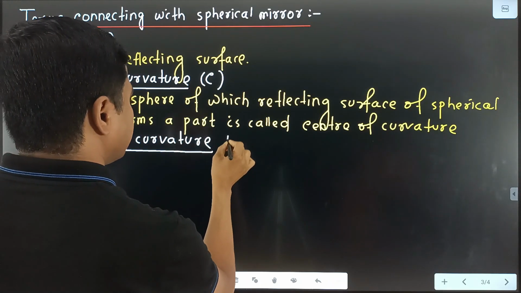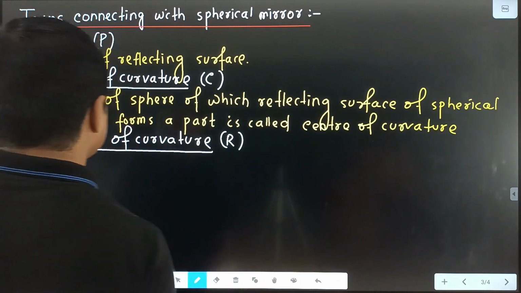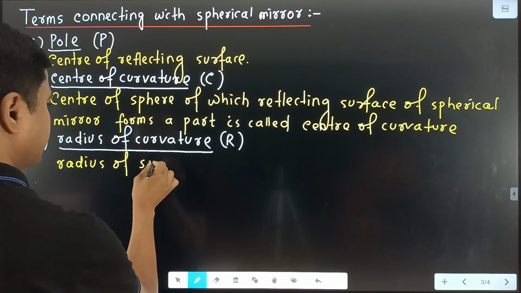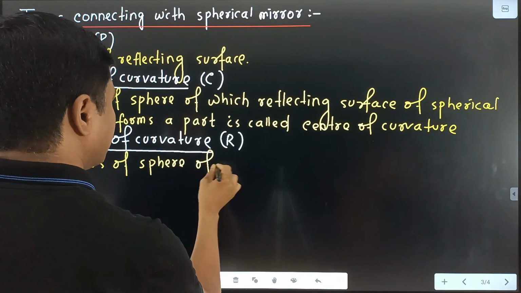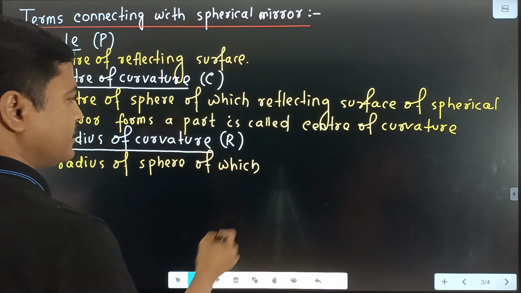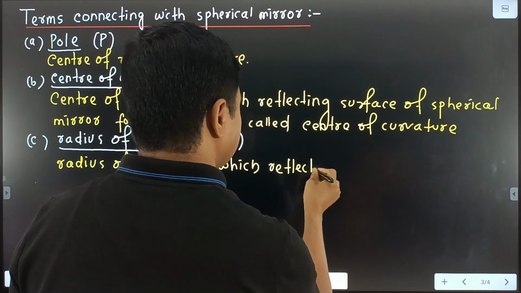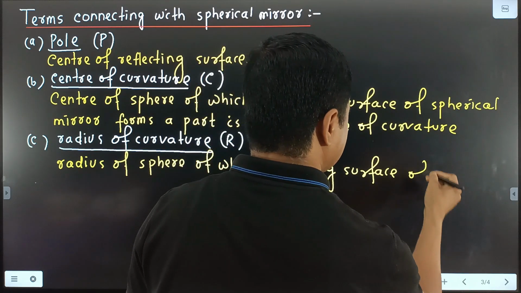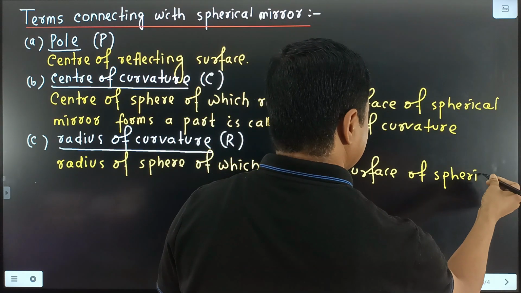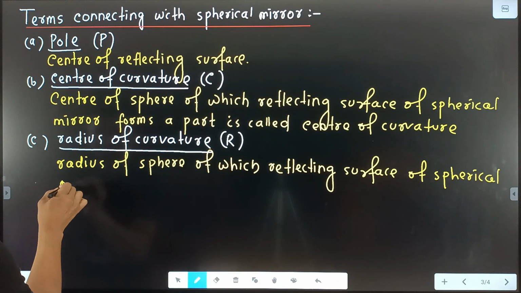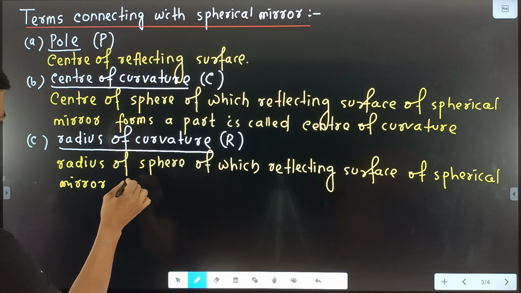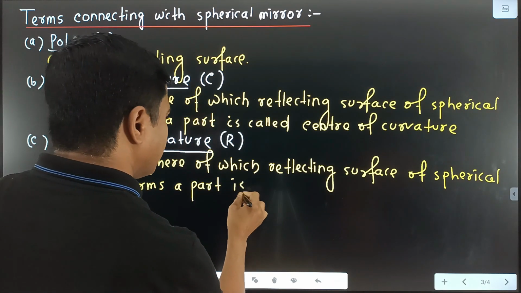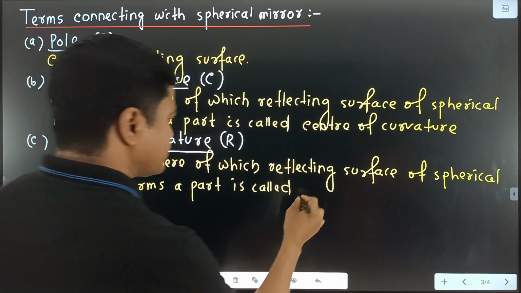For radius of curvature, we write capital R, and simply write its definition: radius of a sphere of which reflecting surface of the spherical mirror forms a part is called radius of curvature.